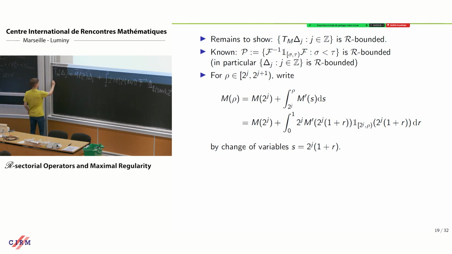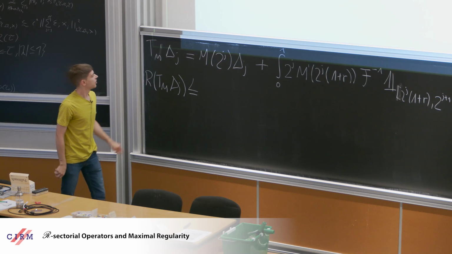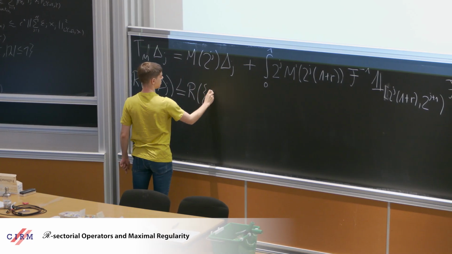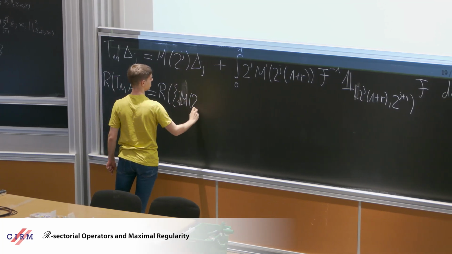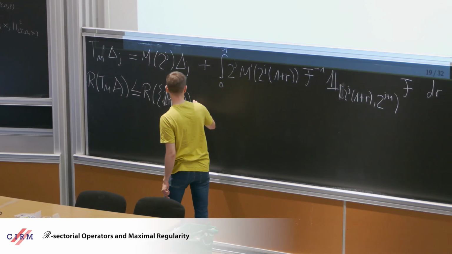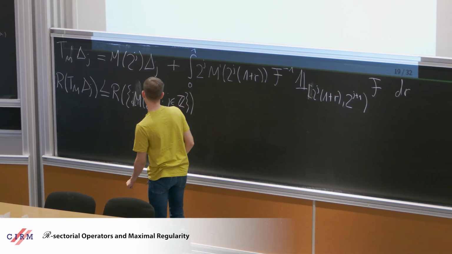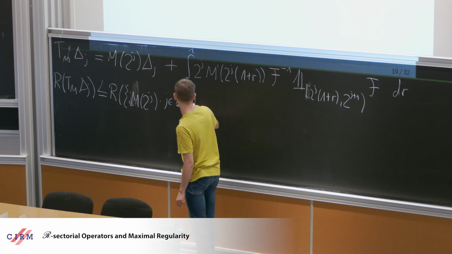So the R bound of Tm delta j can be estimated by the R bound of the set m of 2 to the j for j in Z, times the R bound of delta j.